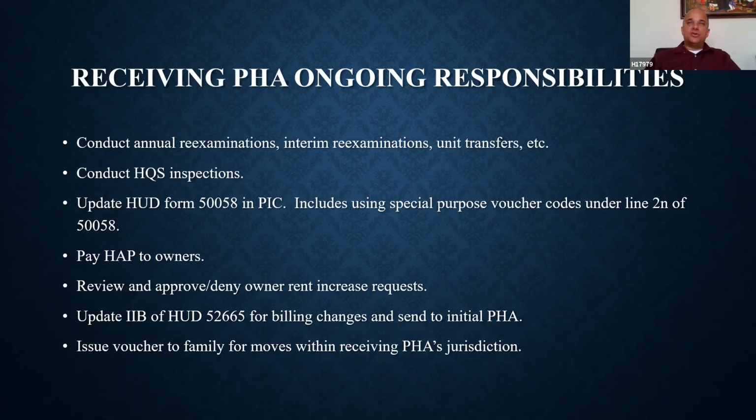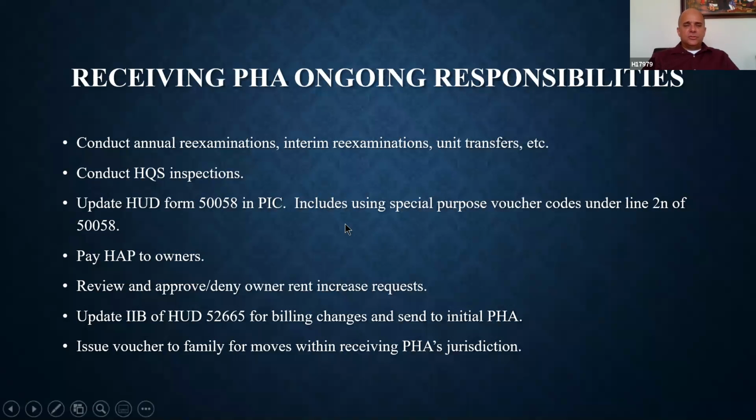If we're dealing with a special purpose voucher, such as a VASH voucher, so we have a family that ports from one VASH jurisdiction to another VASH jurisdiction, the receiving PHA is required to maintain any kind of special purpose codes used under 2N of the 5058.